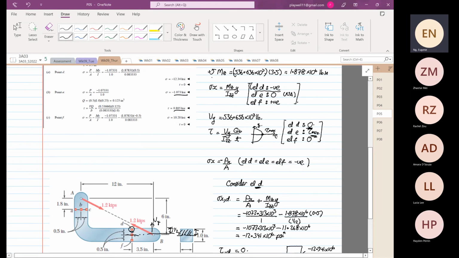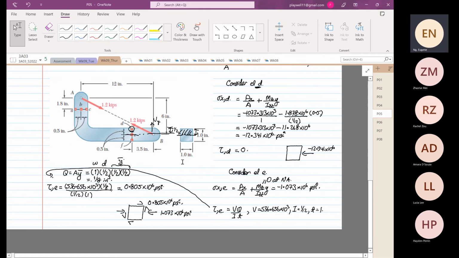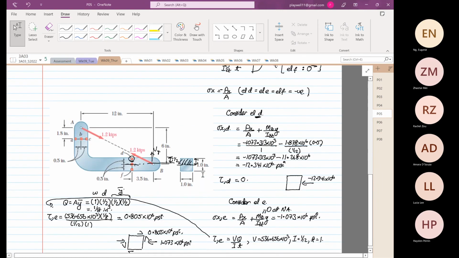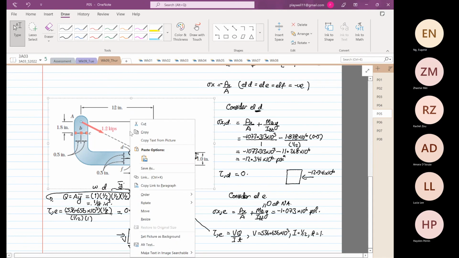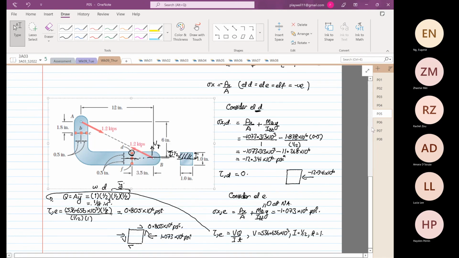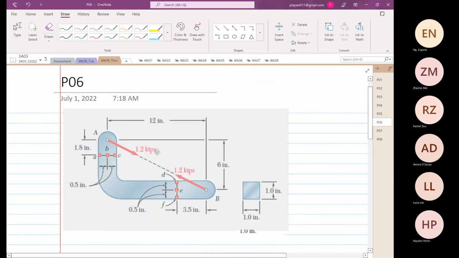Then we are going to look at element F, the last one. I'm going to copy this again.